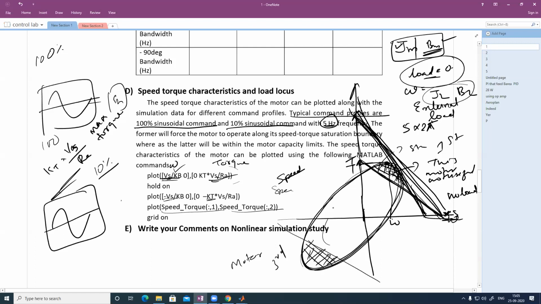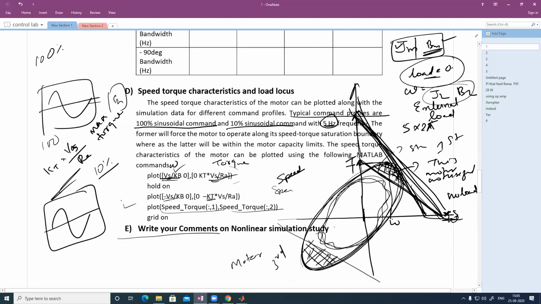If something like this, it will also work, because the locus is inside our speed torque characteristics. So that is the measure of whether you can use this motor for a particular application or not, by checking the speed torque characteristics and load locus of the motor.